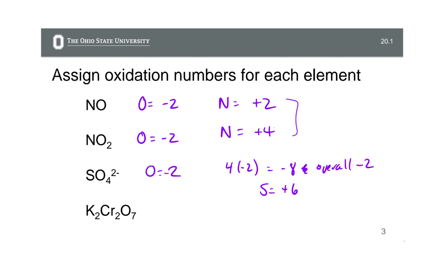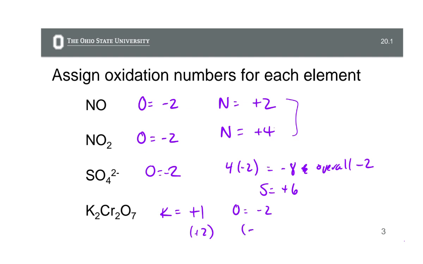And then, all right, let's do our potassium dichromate. Potassium is going to be +1. And there's 2 of those, so that's a total of +2. I'm going to put that in parentheses. Oxygen, of course, -2, and there's 7 of those.